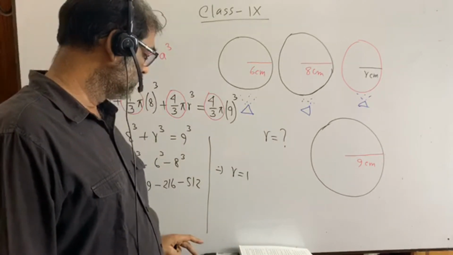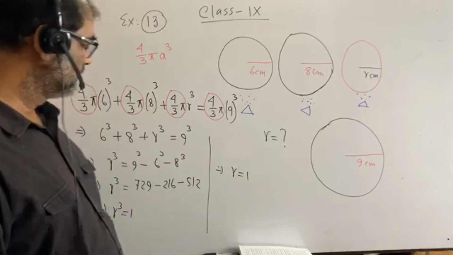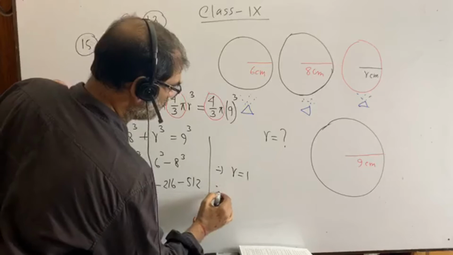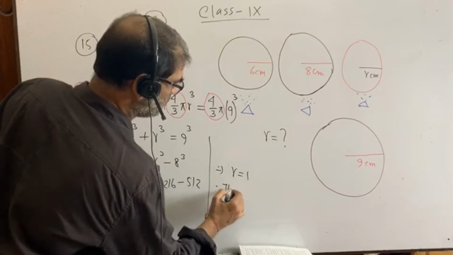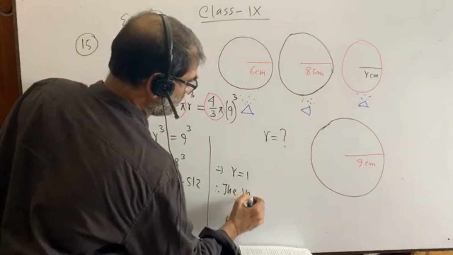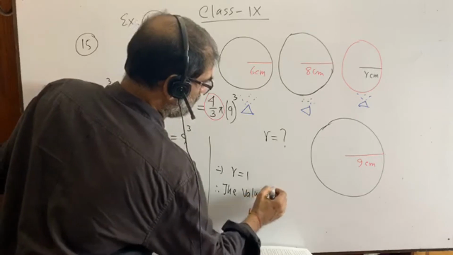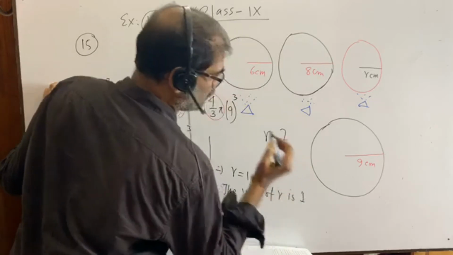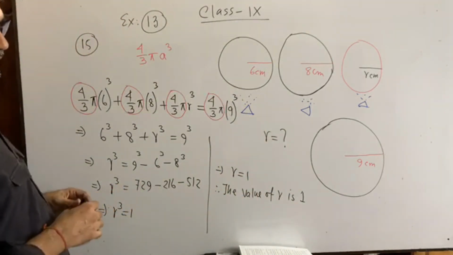So we have to find the value of r here. You see, r equals 1. Write down, therefore, value of r is 1. Don't write down centimeter here. Okay.